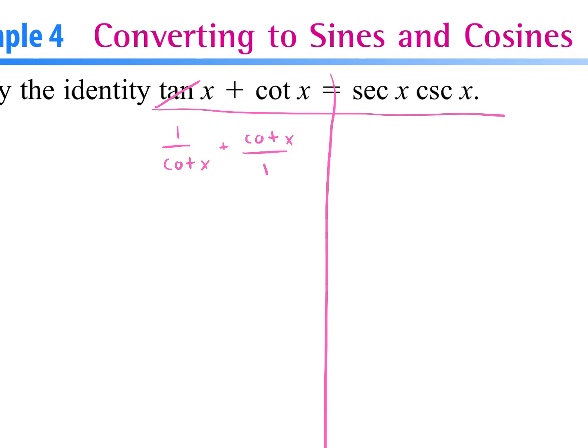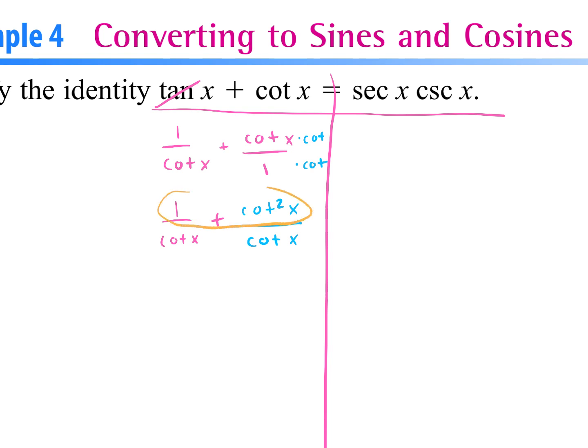Find a common denominator so we can add them together. So what do I need to multiply to get a common denominator? Multiply the second one times cotangent over cotangent. So I end up with cotangent squared on the top over cotangent on the bottom. Can I add these together now?